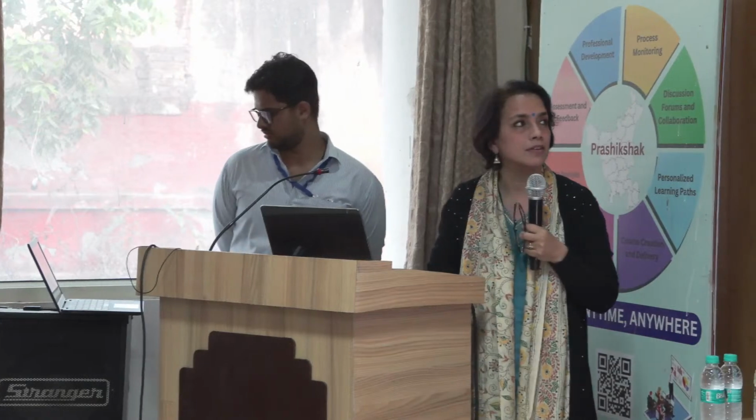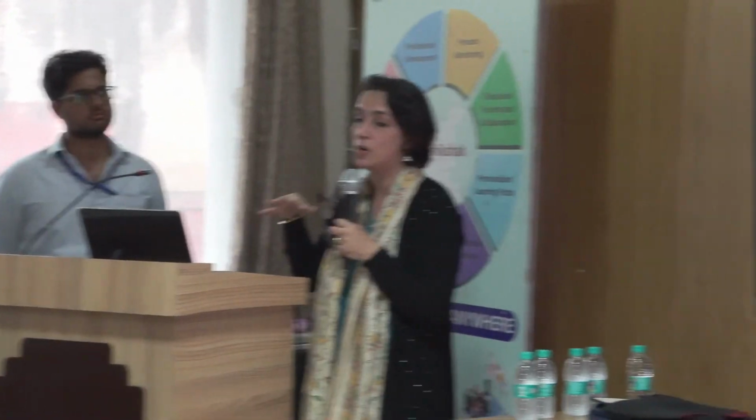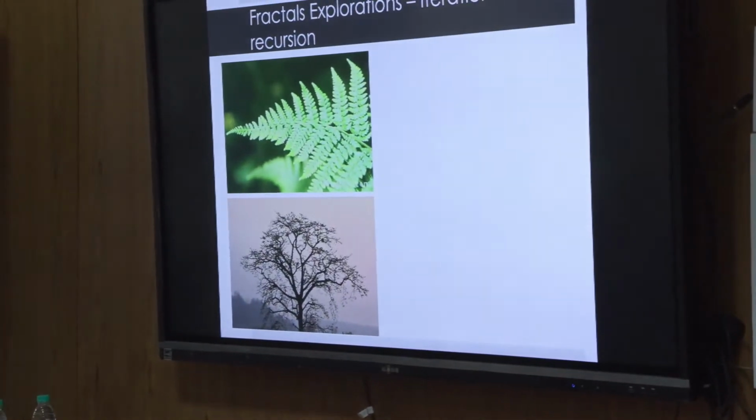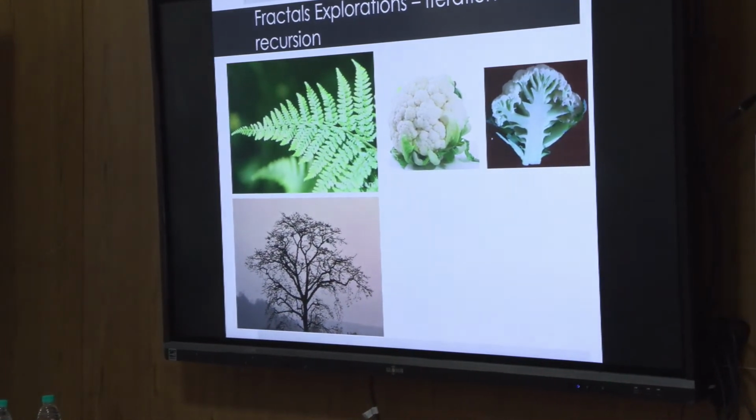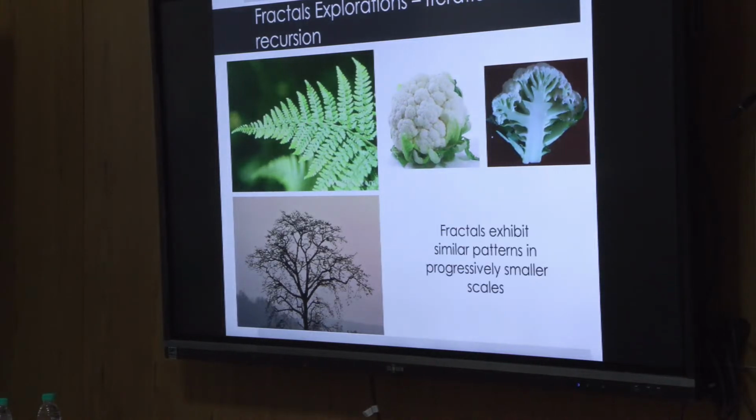Okay, so we've already had a very nice session on fractals, but maybe I'll just mention this again, a topic which I strongly feel should be incorporated in the school curriculum. All around in nature, we do see examples of self-similarity.